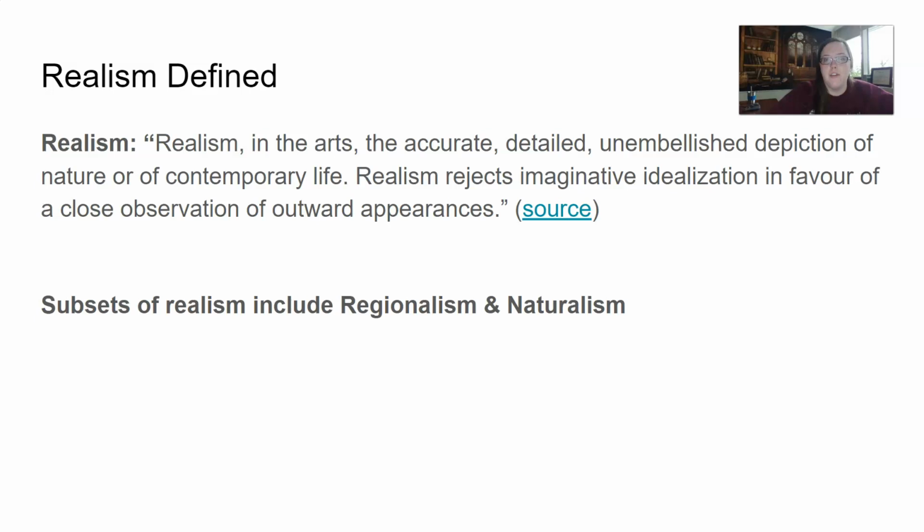Also detailed. I think I included in one of the discussion board questions this idea of James's text being so long in order to get to the heart of the story, and that's this concept of detail.